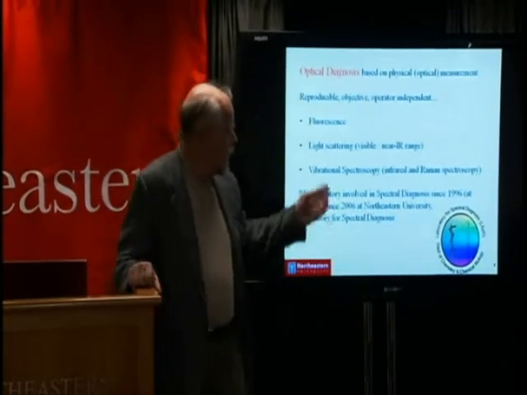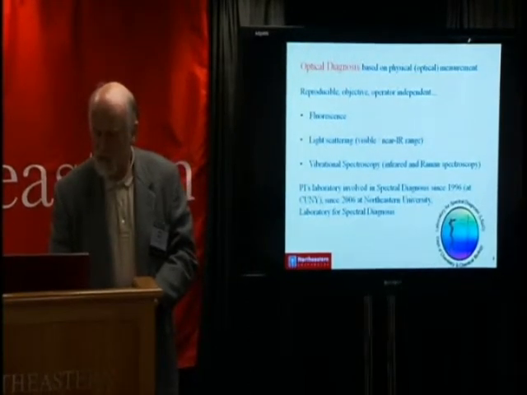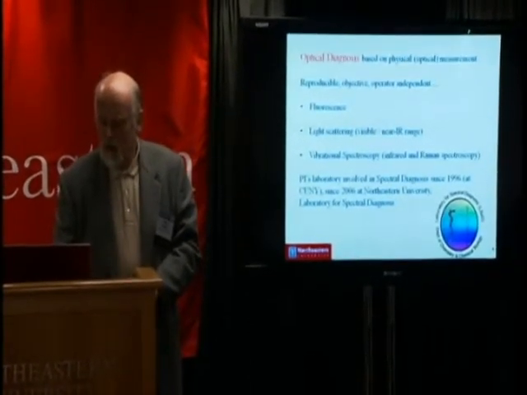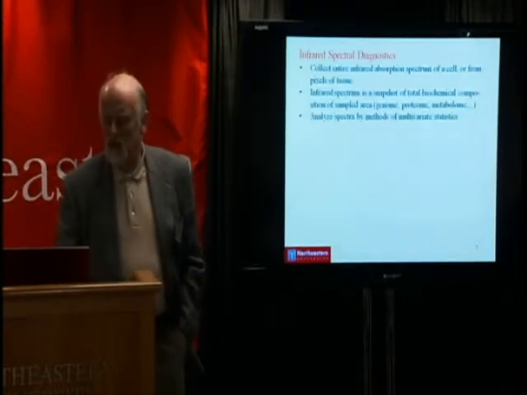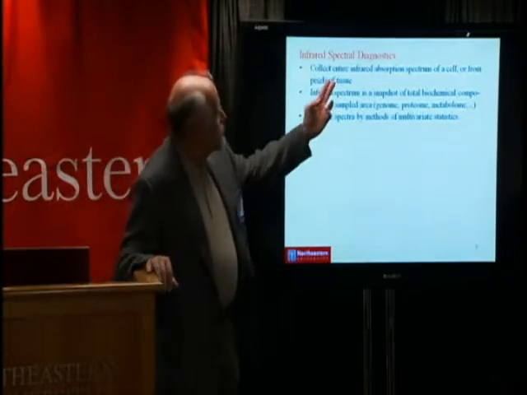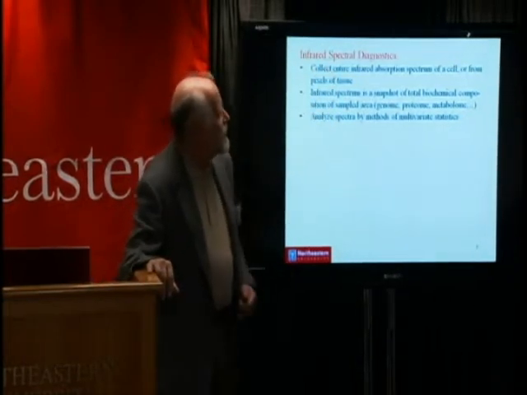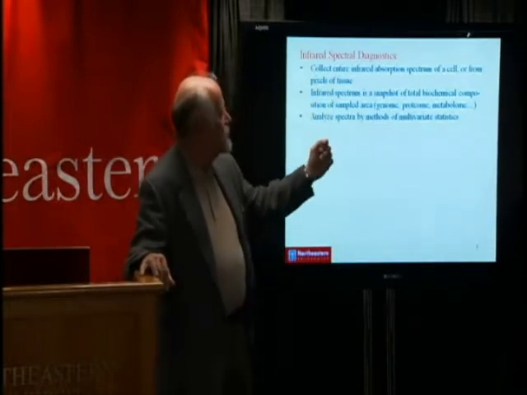work. I started this work in the mid-90s when I was at the City University of New York. I came here in 2006 and started the laboratory for spectral diagnostics. And the idea is, here we want to collect a complete infrared spectrum of a cell or from a pixel of tissue.